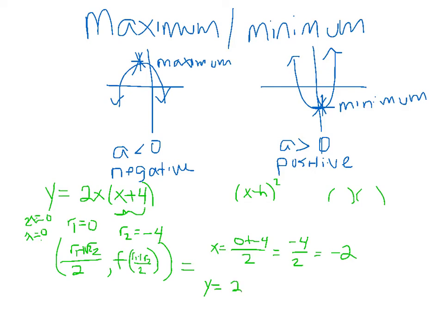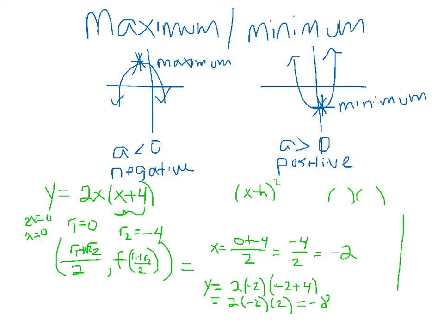So we've got 2 times negative 2 times negative 2 plus 4. I'm going to leave the first part as 2 times negative 2. Negative 2 plus 4 is positive 2. So 2 times negative 2 is negative 4, times 2 would be negative 8. So my x value is negative 2, my y value is negative 8.